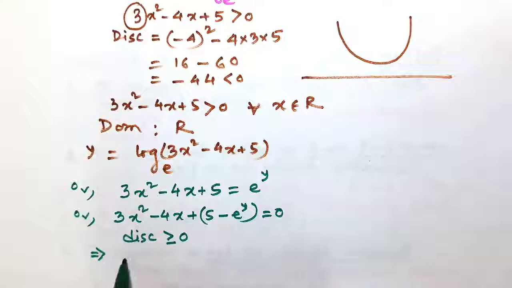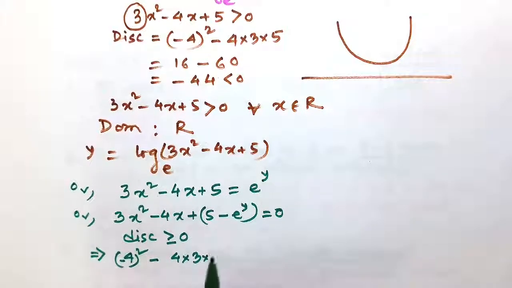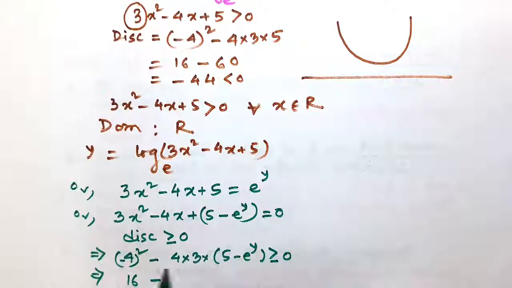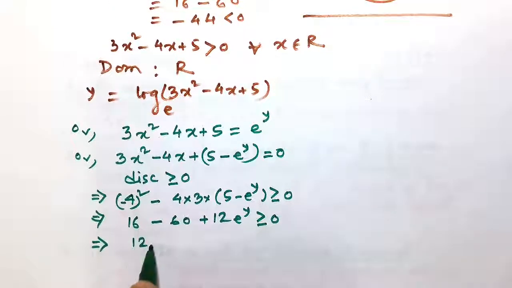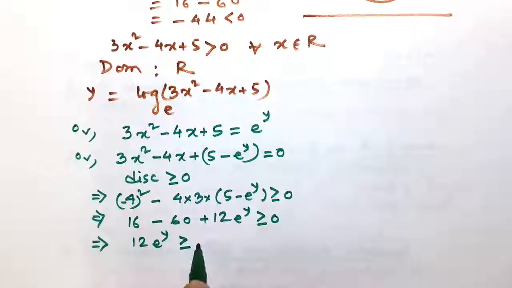That means (minus 4) whole square minus 4 into 3 into (5 minus e to the power y) is greater than or equal to 0. That is 16 minus 60 plus 12 e to the power y is greater than or equal to 0. This implies 12 e to the power y is greater than or equal to 44, so e to the power y is greater than or equal to 11 by 3.